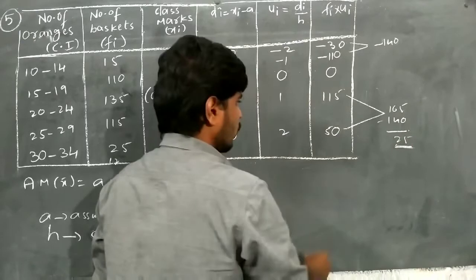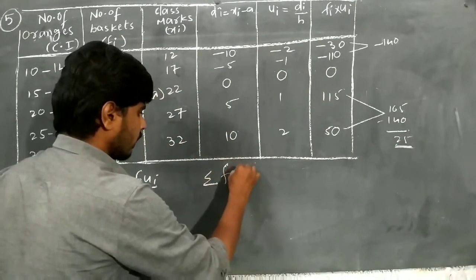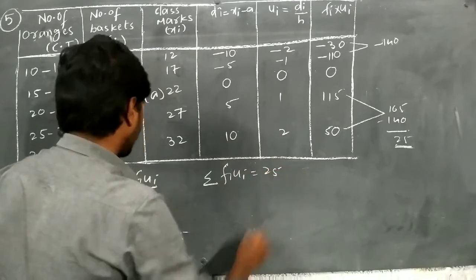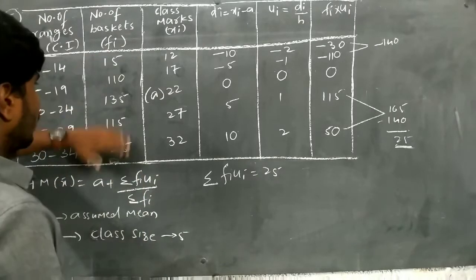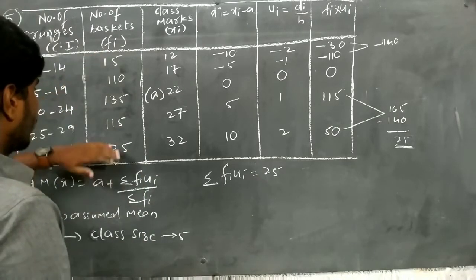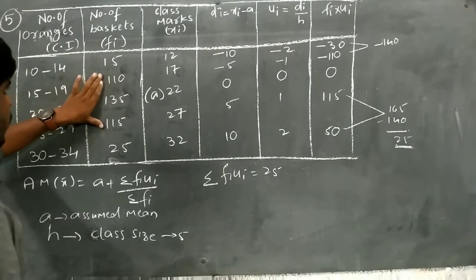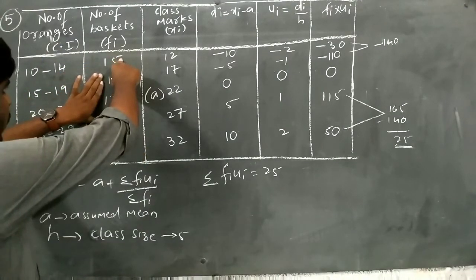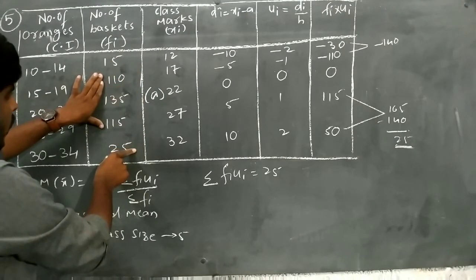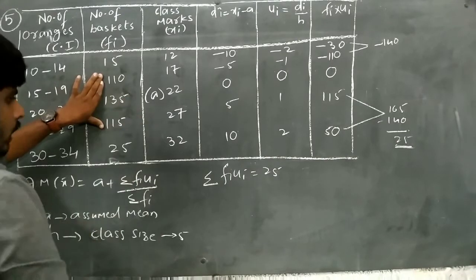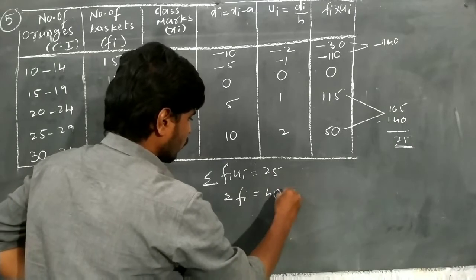Okay, now sigma fi ui value is 25 and the sum of these, how much is it? 300, 15, 10, 25, 50, plus 50, 400. Okay, so sigma fi is equal to 400.